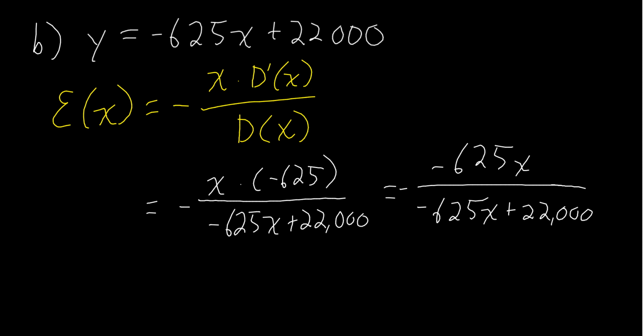We have negative, negative, negative, and clean this up. There we go. Of course, the negative on the bottom is just connected to this term here, so there's not any cancellation involved.